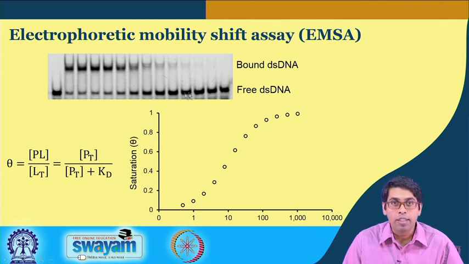These bands are for the free DNA, and these bands are for the DNA bound to the protein. As we increase the protein concentration, the free DNA band becomes thinner and thinner, and the band that corresponds to the protein DNA complex becomes thicker and thicker.